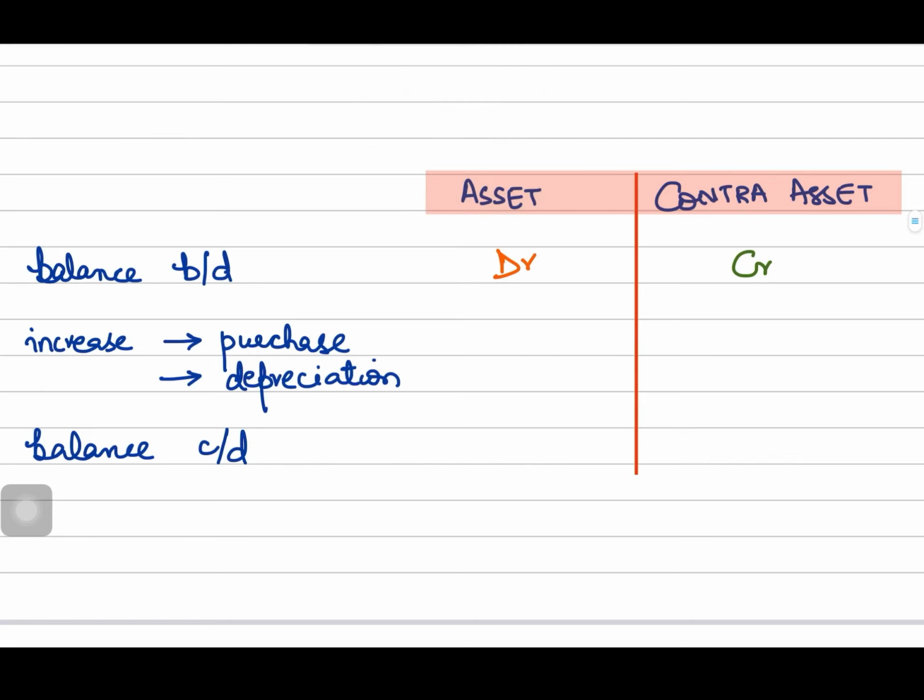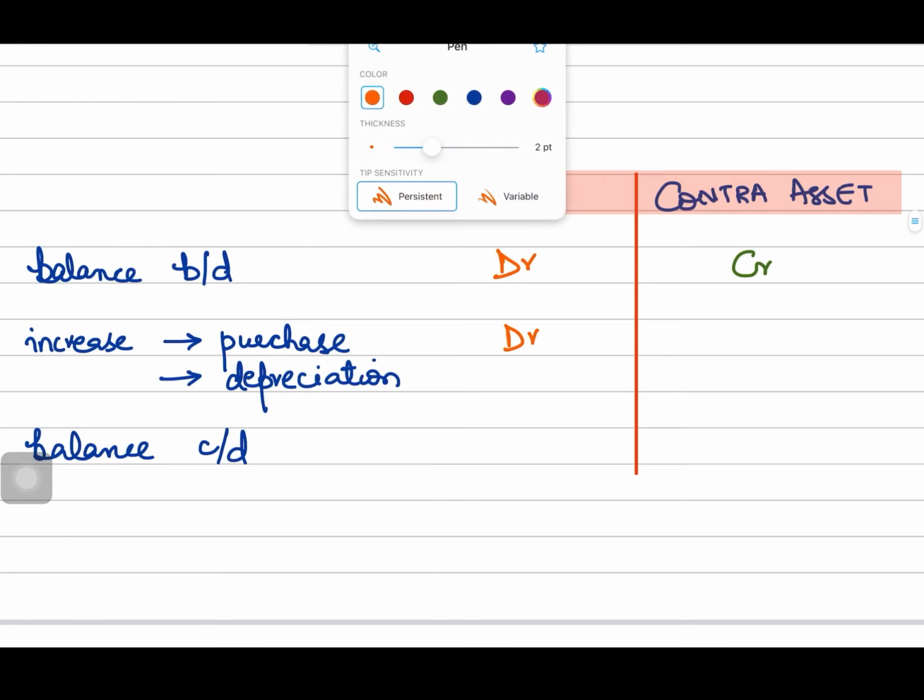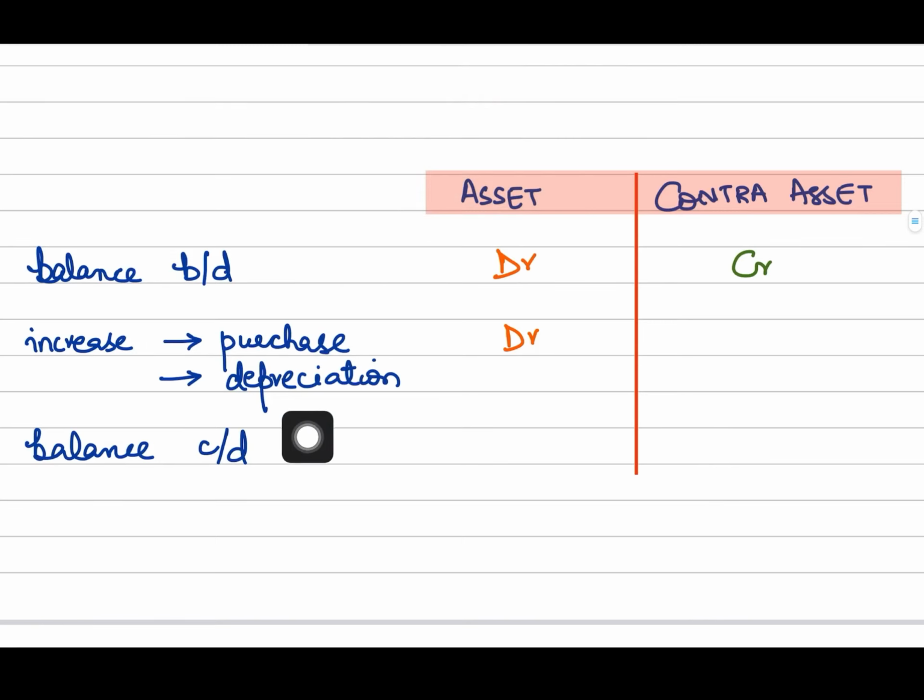Similarly, if I am purchasing any new non-current asset, I will record again on the debit side to show an increase in its account balance. But if I am recording depreciation in a contra asset, that is in the provision for depreciation account, I am increasing its account balance, the depreciation account balance. So, this will be recorded on the credit side of that account.